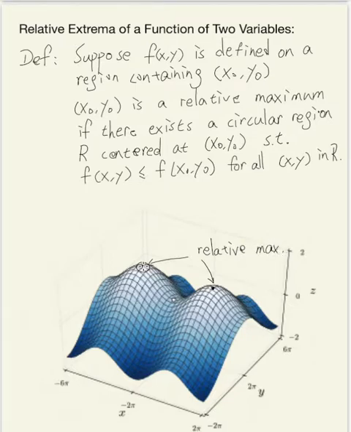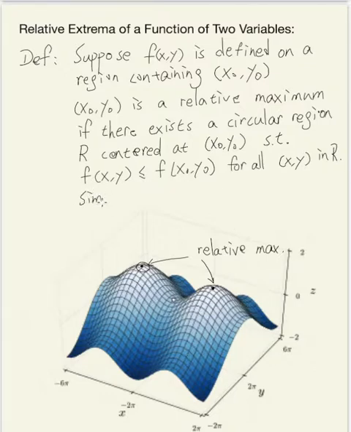The value of z here may be larger than the value of z here, but it doesn't matter because we only care about the ability to find a very small region around the point such that the value here becomes a maximum. Okay, so these 2 points are relative maximums.